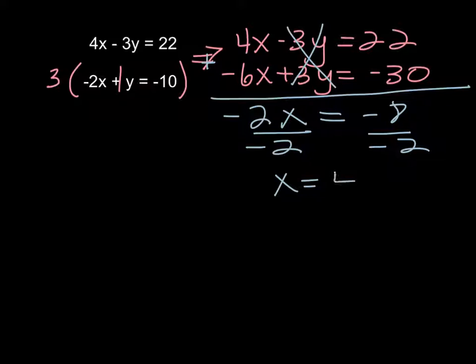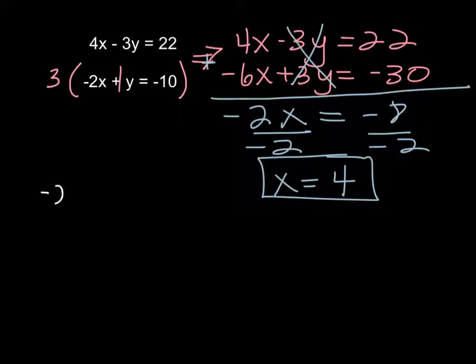So in this case, we'll get x equals 4. Remember though that you're not done. You have to plug in that x equals 4 into one of those equations. Doesn't matter, you could pick one of the original ones over here, or you could pick the new one. Doesn't matter. I'm going to pick that bottom equation.